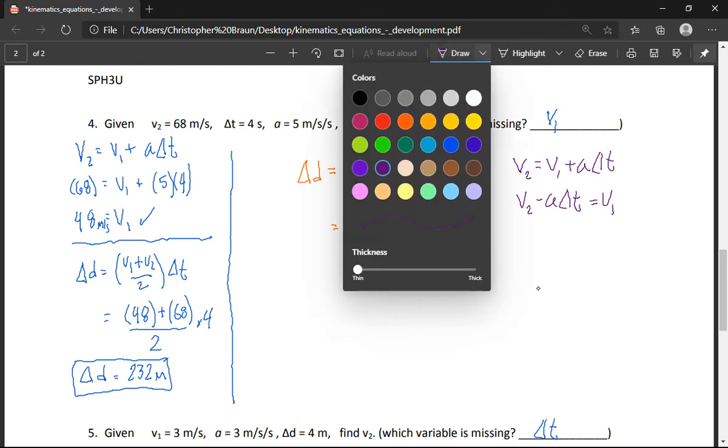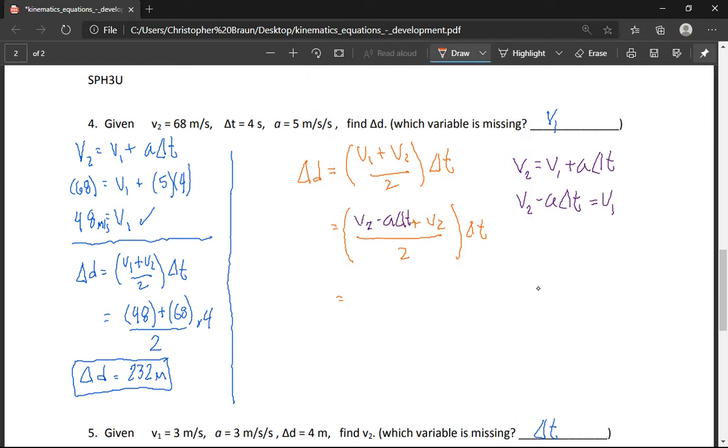Okay, so now we just gotta do some collecting of like terms, which is simple enough to do. You have a v2 and a v2, so that gives us 2 v2s minus a delta t, bracket, bracket, all over 2 times delta t. Multiply the delta t into the bracket, all over 2.